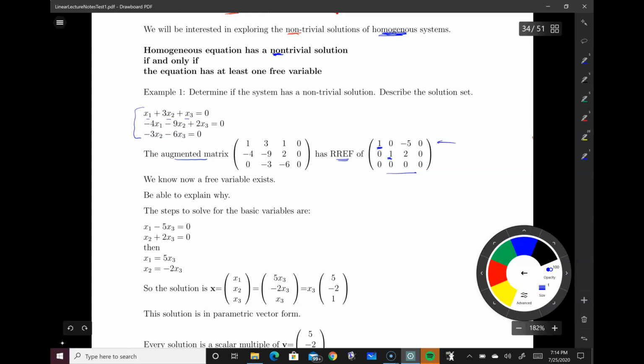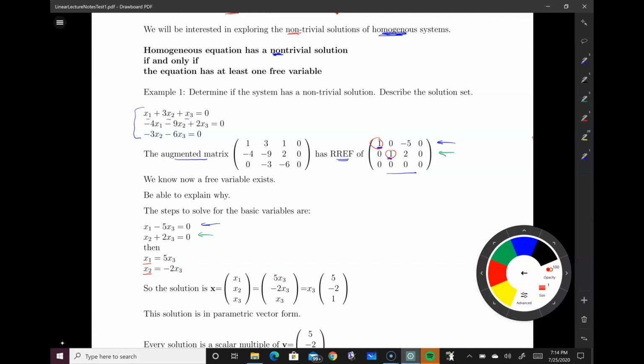The first row gives me 1 times x1 minus 5 times x3 equals 0. The second row gives me 1 times x2 plus 2 times x3 equals 0. I'm always solving for my basic variables, my pivot positions. So solve for x1, solve for x2, and I know x3 is free.